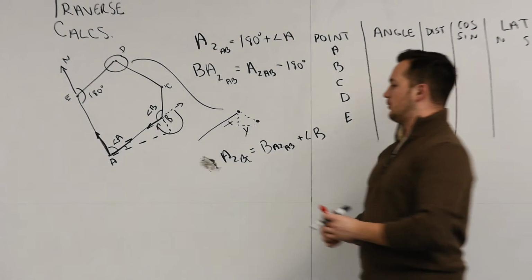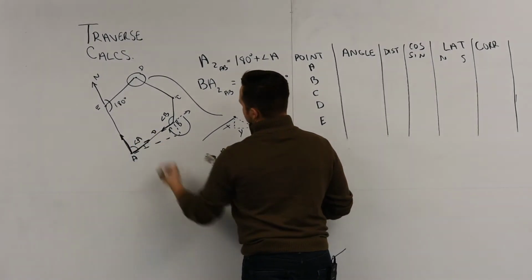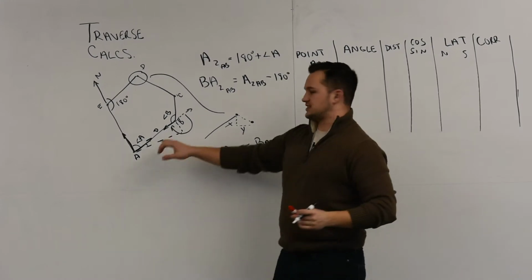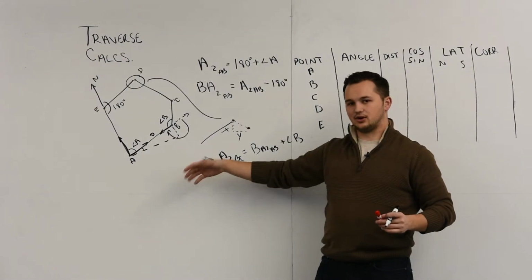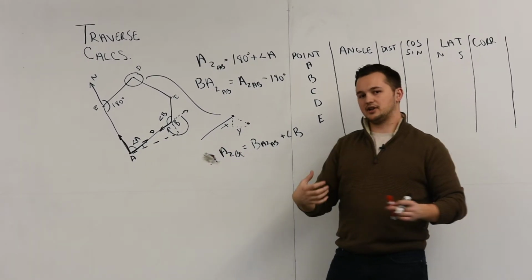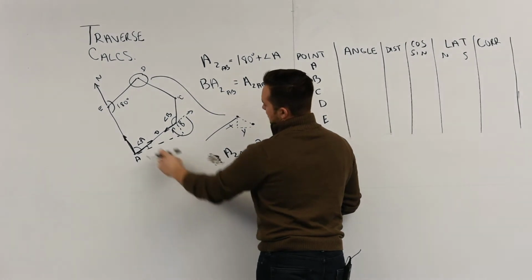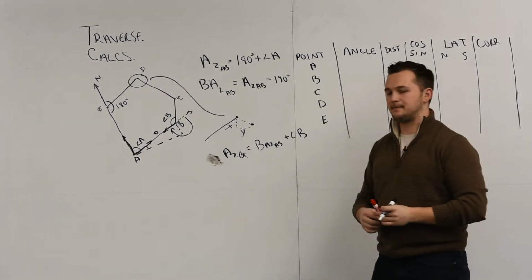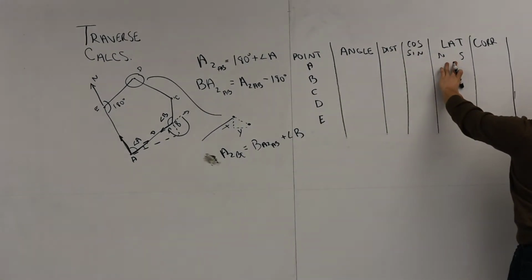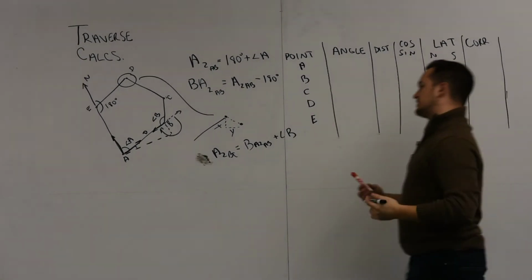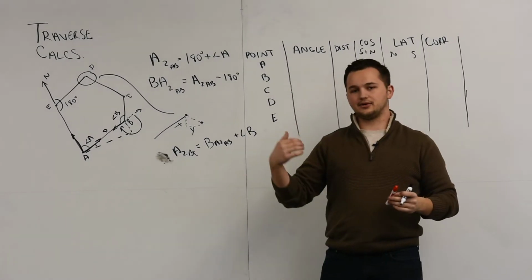From there, we can determine, based on a known distance here, so we'll call that a D, we can find out based on the Pythagorean theorem and just like sine, cosine, tangent, those SOHCAHTOA laws, what this component is and what this component is based on that interior angle right there. As you progress through, we can find out the north and south. This is where we start to take into consideration the direction of where we're going.